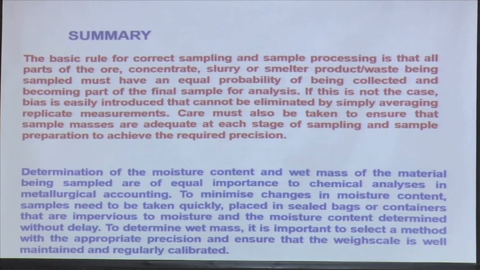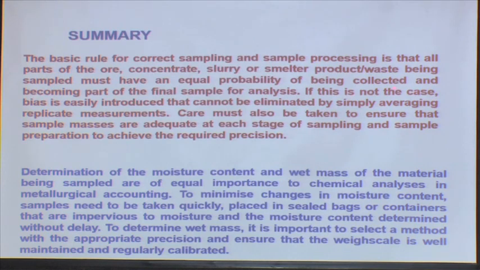If I summarize the entire sampling lecture, I will say the basic rule for correct sampling and sample processing is that all parts of the ore, concentrate, slurry, smelter products or waste being sampled must have an equal probability of being collected and becoming part of the final sample for analysis.